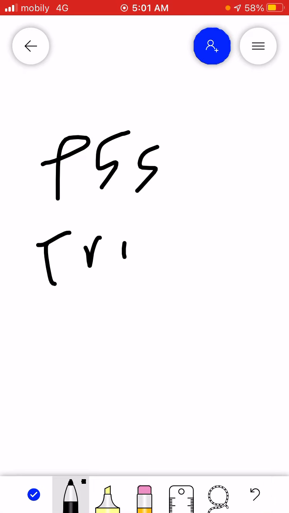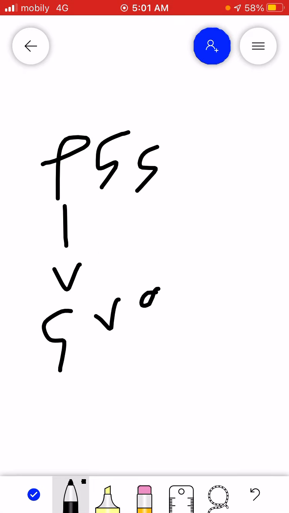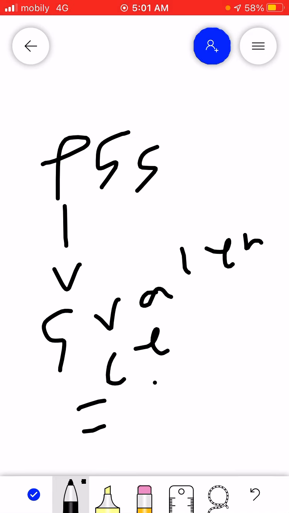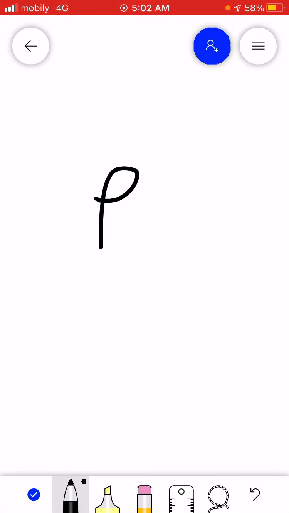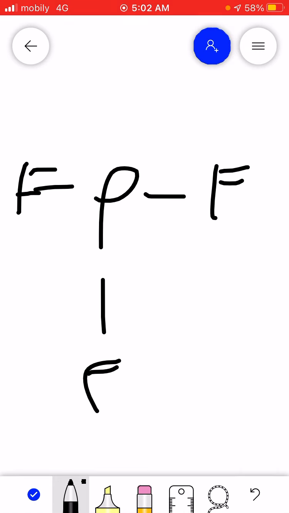Because we know that P contains 5 valence electrons. That means it contains 5 bonds, no lone pairs. And what are the degrees between them? It's 90 degrees between them. So we put P right here, and we put F right here.